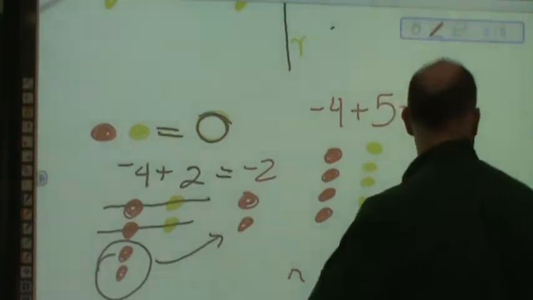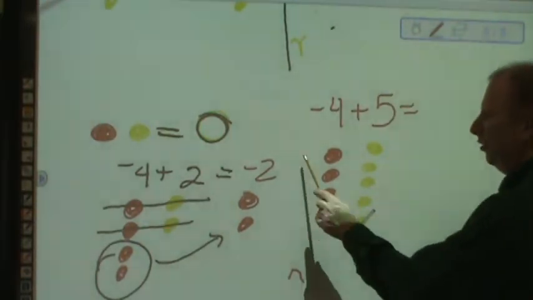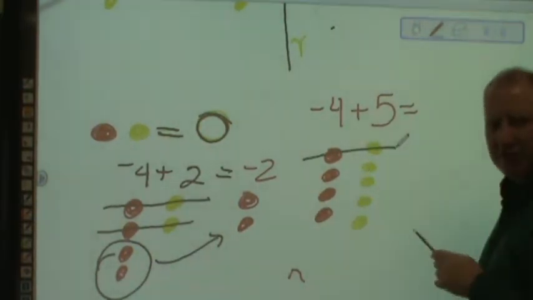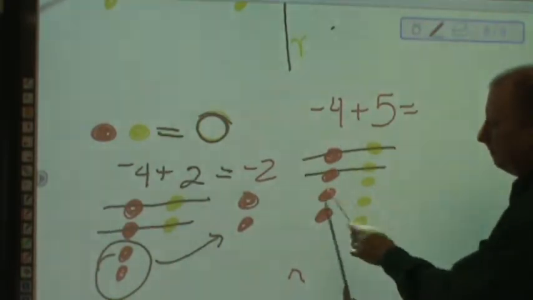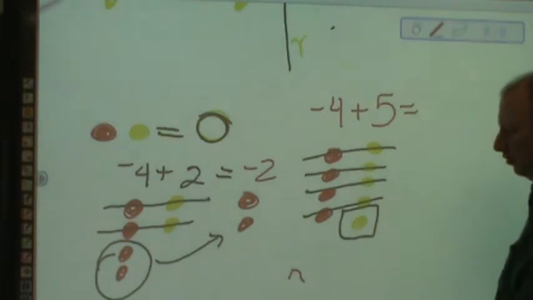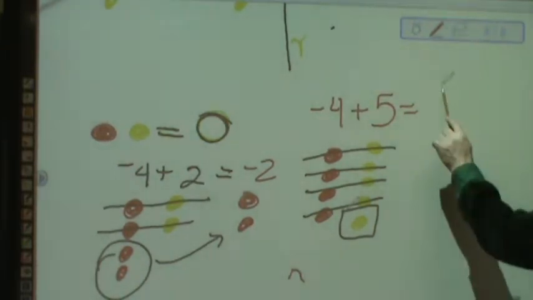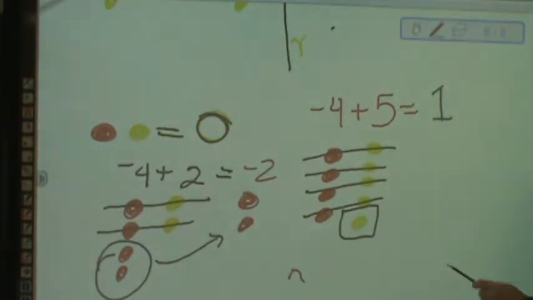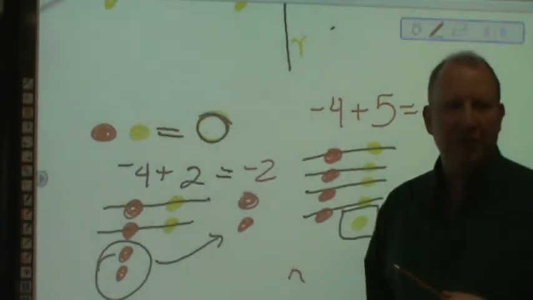And the net result will be, look, a red and the yellow cancel out. Cancel, cancel. Look what I'm ultimately left with. I'm left with 1 yellow, which is positive 1. And that's all there is with addition of integers.